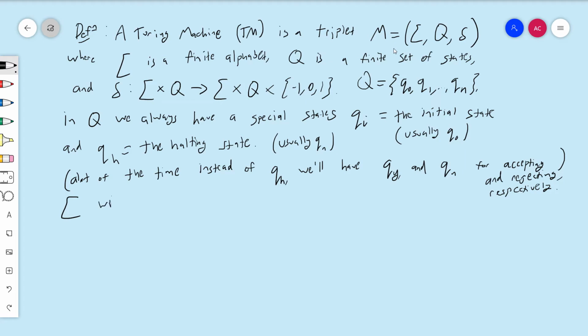we'll usually have, you know, the play symbol and the blank symbol. The bottom line is that we'll kind of cheat sometimes in terms of what's going to be interpreted as the blank and what's going to be interpreted as the play symbol. And technically, these are all you need.